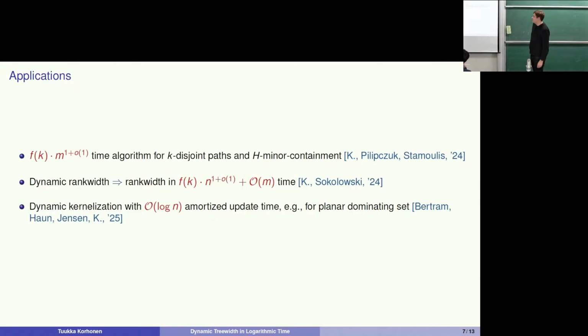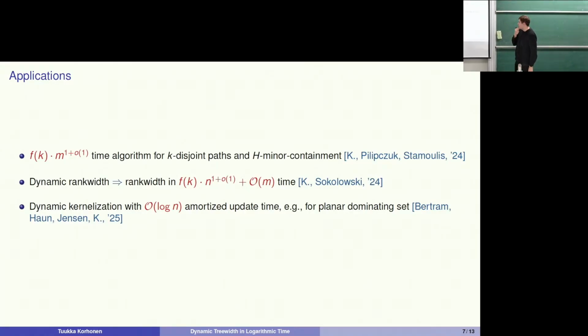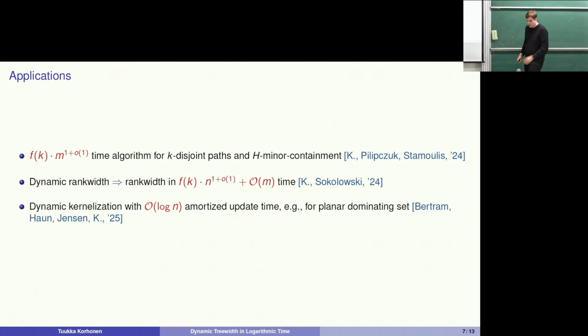And then more recent work I've done with some people in Copenhagen: using dynamic Treewidth, we did a dynamic kernelization with log n amortized update time for various problems. For example, for planar dominating set, we can maintain a kernel, so a compressed graph with the same answer, efficiently. Maybe I will not say anything more about these details.